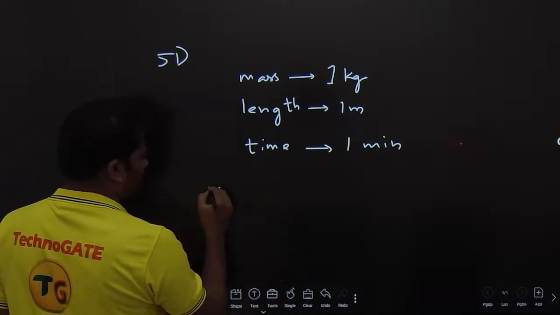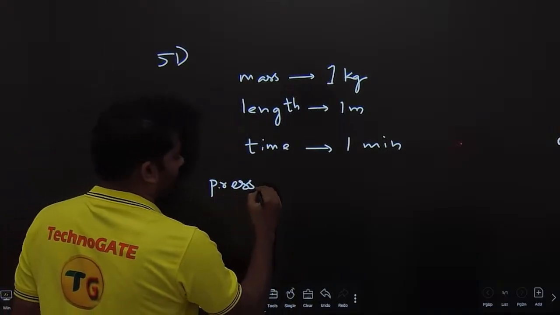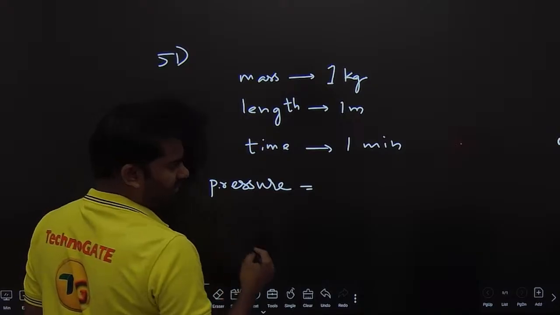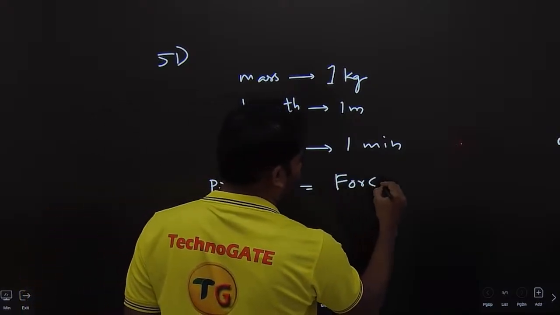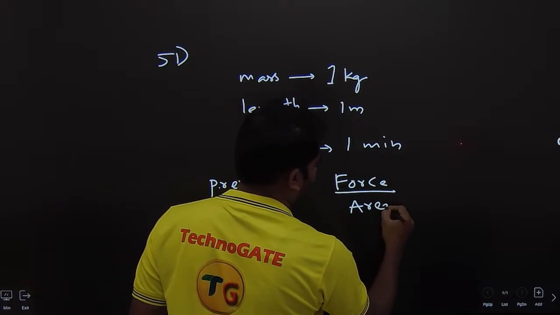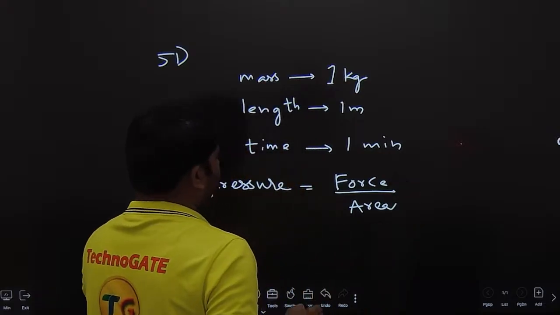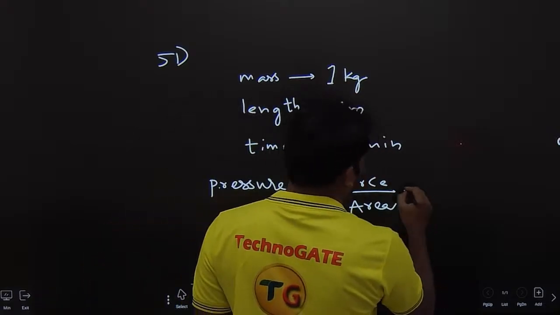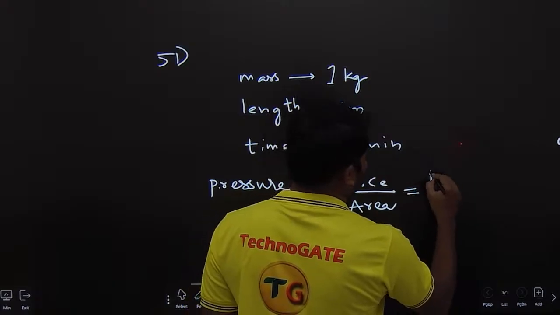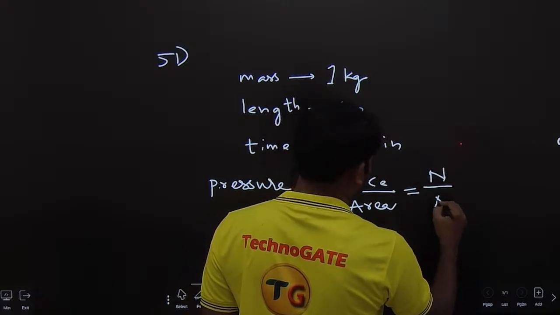So if you take pressure, it is equal to basically force by area. Clear? And if you take this, force units is basically Newton and area is meter square.